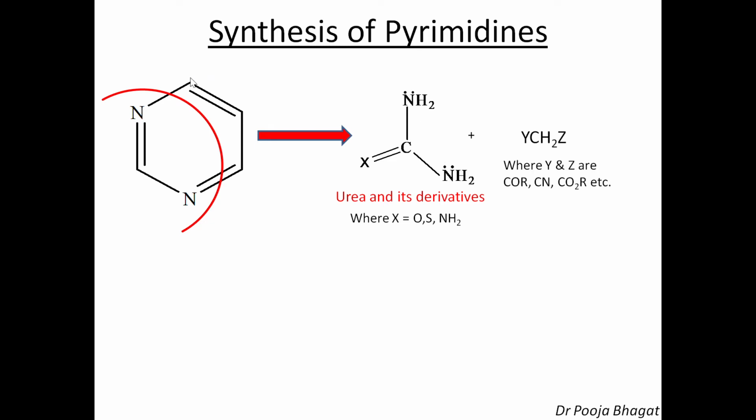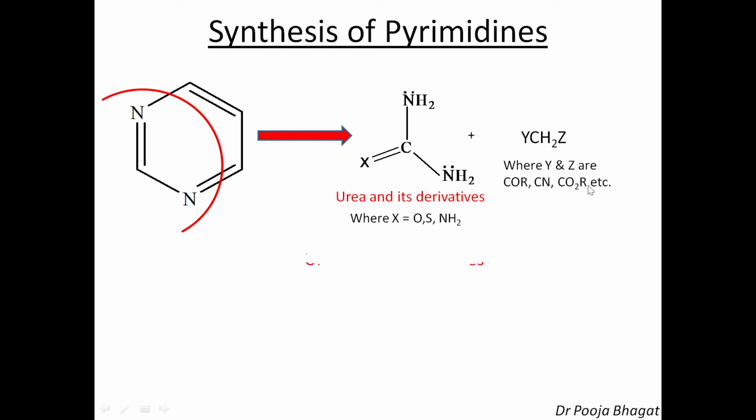So we have to take a 3 carbon molecule in which the terminal groups are electrophilic in nature. So I have written it like this, YCH2Z, where CH2 is this carbon and the terminal carbons are Y and Z, which, as I told you, should be electrophilic in nature so that the cyclization takes place. So they can be ketone, they can be cyano group, it can be ester.